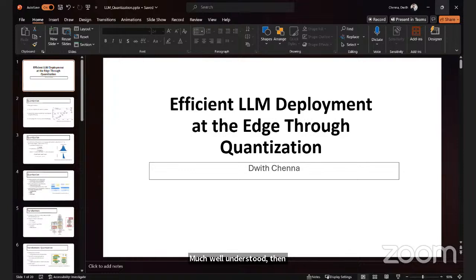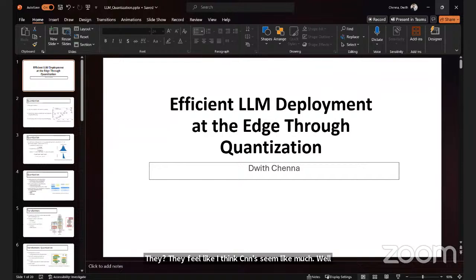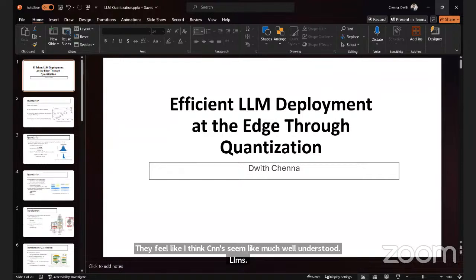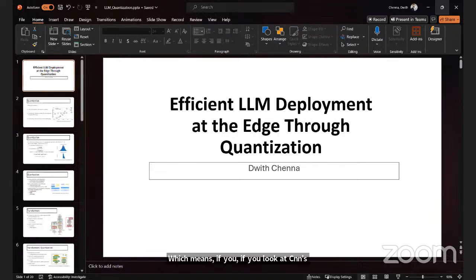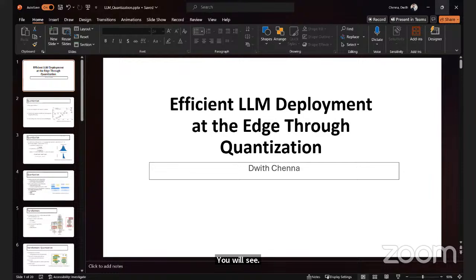There are quantization techniques and quantization analysis tools, as I was talking about, like TF Lite. If you look at CNNs and optimizing them for edge, you will see knowledge distillation, pruning, quantization, or network architecture search with added hardware awareness.